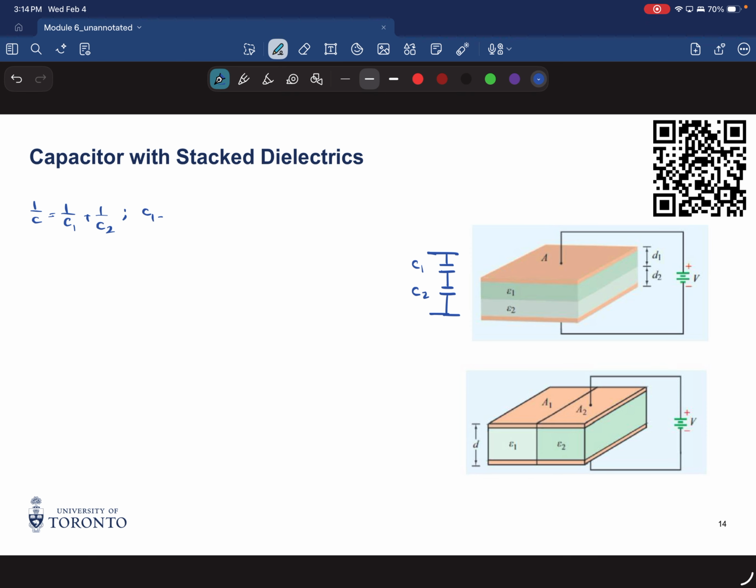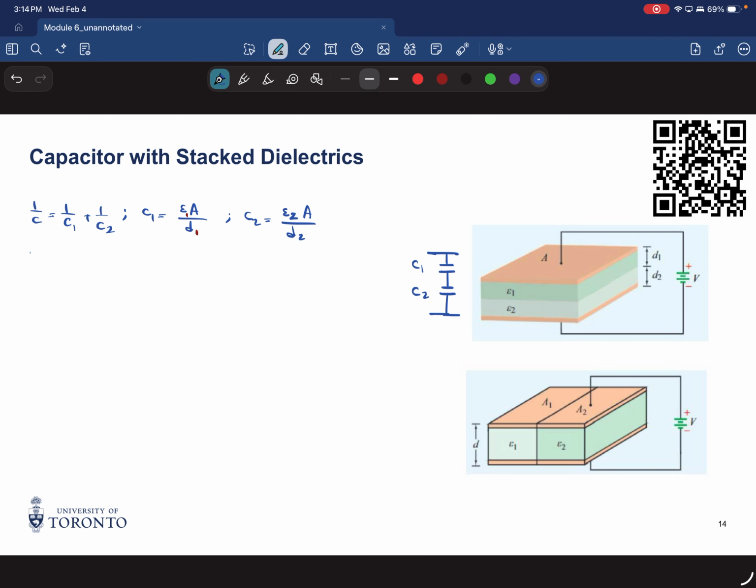And then C1 is epsilon A over D of that capacitor, so it's epsilon 1 A over D1. And then C2 is going to be epsilon 2 A over D2.